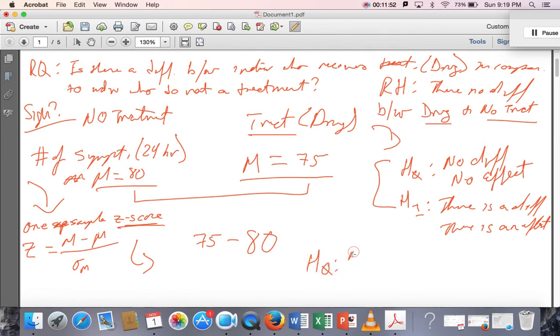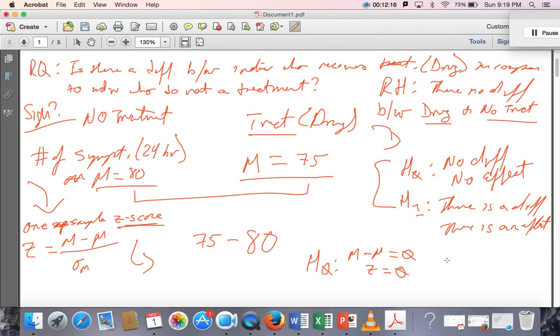The average for your group minus the average for the population is equal to 0. So in other words, your group average, no matter what the treatment is, minus the population average, the ones who don't receive the treatment, the difference between the two would be equal to 0. So thus, your z-score would be equal to 0 in this particular case.